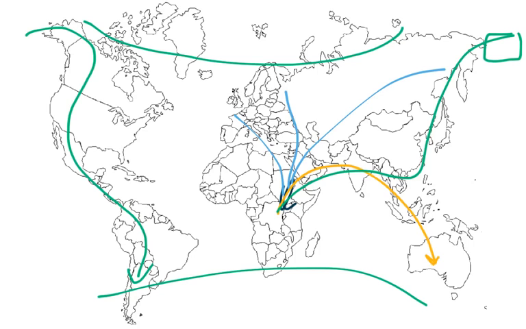As they've melted, the water level has risen, and this got rid of the land bridge that would have connected Asia and North America, the Bering Strait. But it also got rid of the land bridge that would have allowed people to go from Africa into Australia.